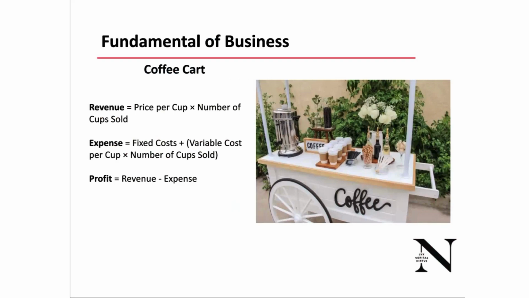The cost is basically the expense, and it could be a fixed cost or a variable cost, right? The fixed cost could be where you are setting up your coffee cart, the rent of the coffee cart, or the location where you're selling. Then buying the milk, if the milk price is not changing on a day-to-day basis, but still, on a quarterly basis, it's changing.